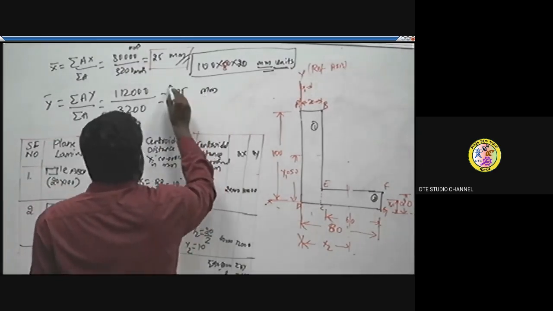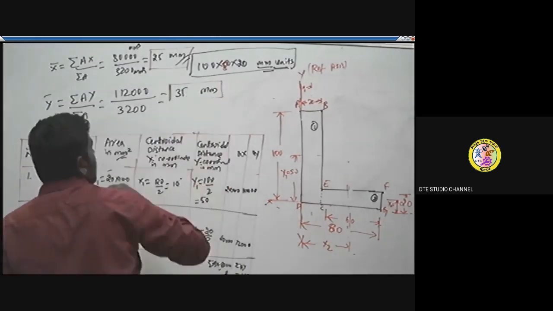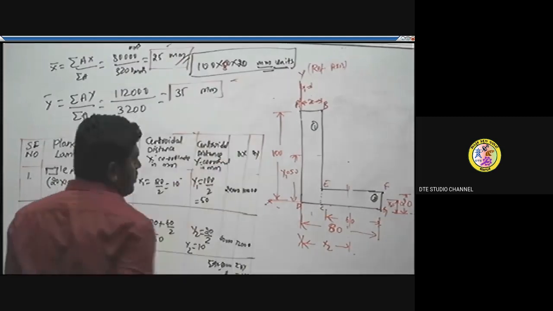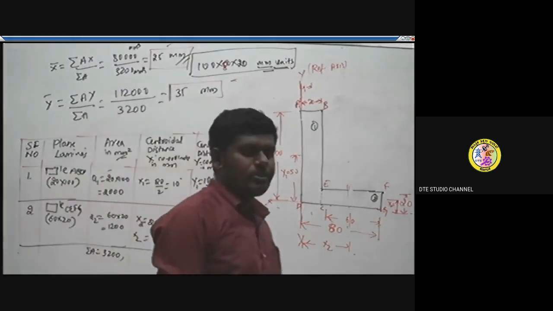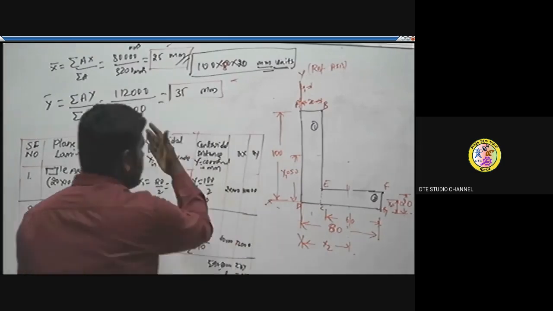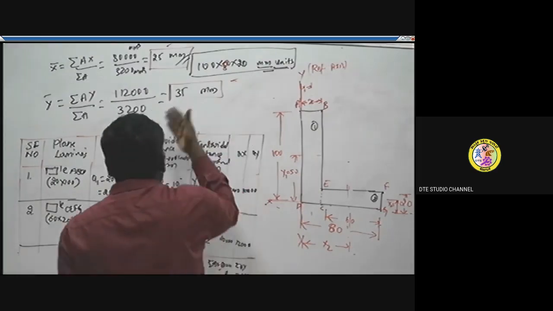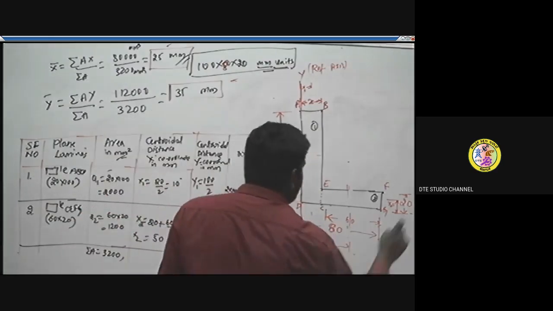So in cases like unsymmetrical sections, we need to calculate both x and y coordinates to locate the centroid for given laminas or plane figures.